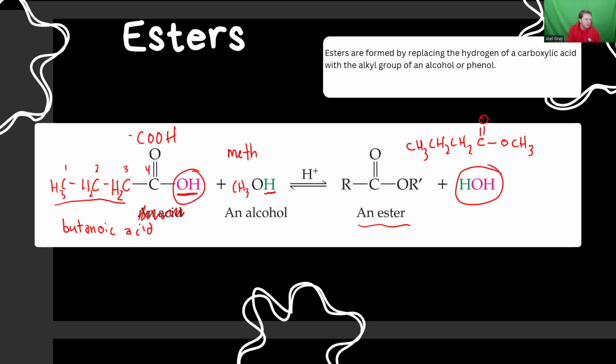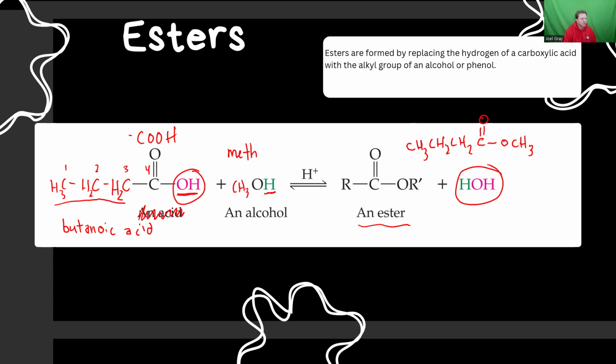And just to clear up any confusion or curiosity, is it significant that I wrote my H3 on the right-hand side versus on the left-hand side? It's not. It doesn't really matter. I just did it for the purposes of organizing in the space. Now, this makes an ester.